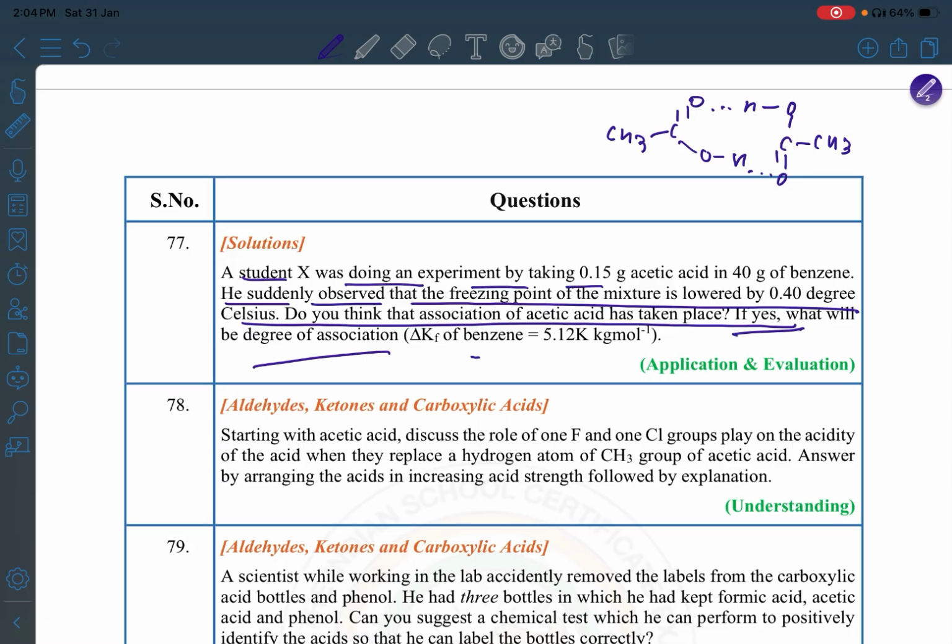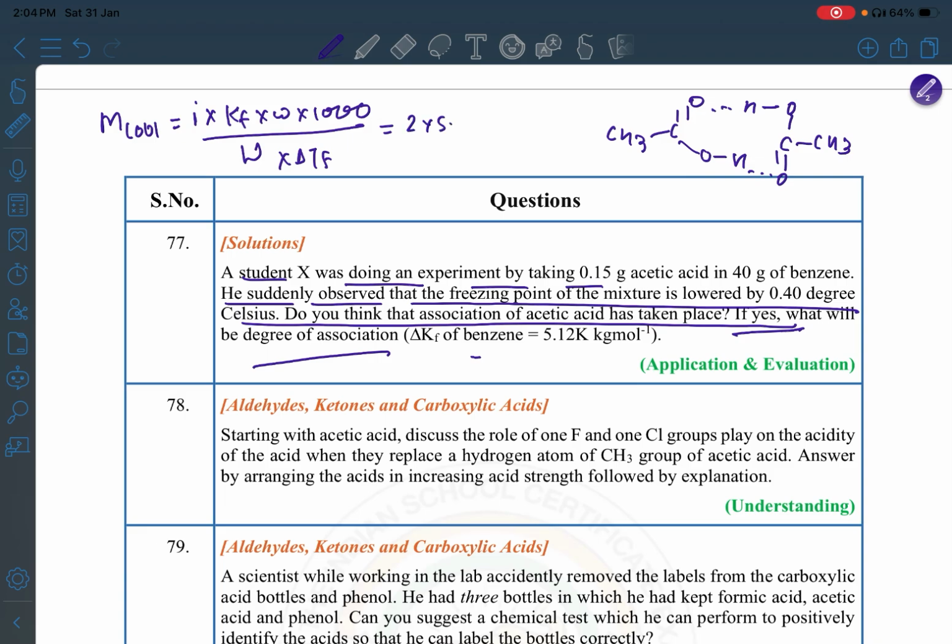Okay. Now we calculate the observed molecular mass, which is equal to i into Kf into W into 1000 from the formula, divided by W of solvent and delta Tf. Okay. Just put the values: i is equal to 2 because it is a formation of dimer. Then Kf is given as 5.12.